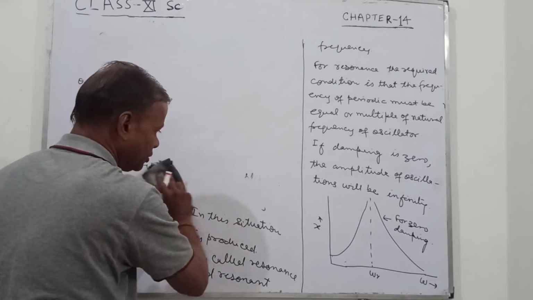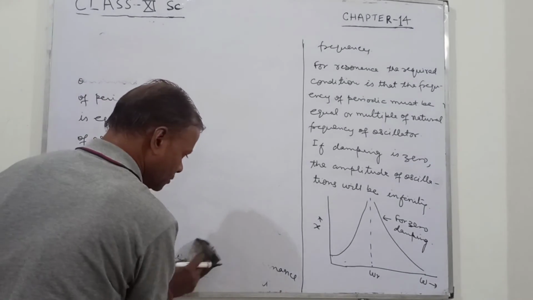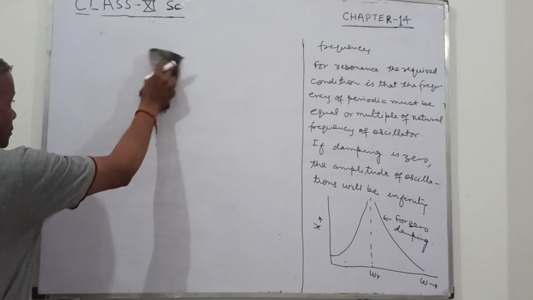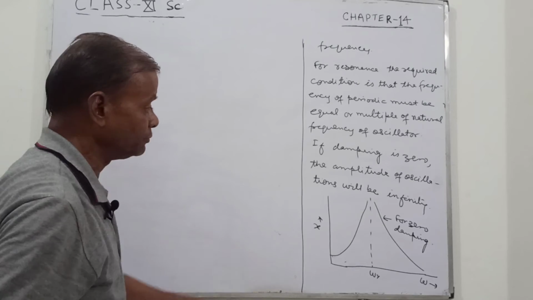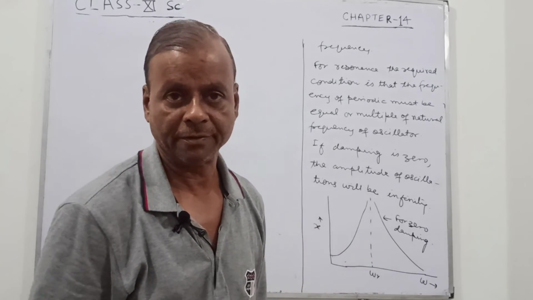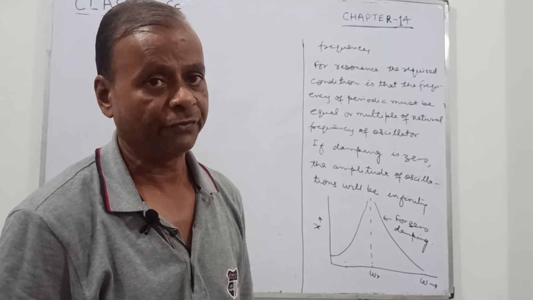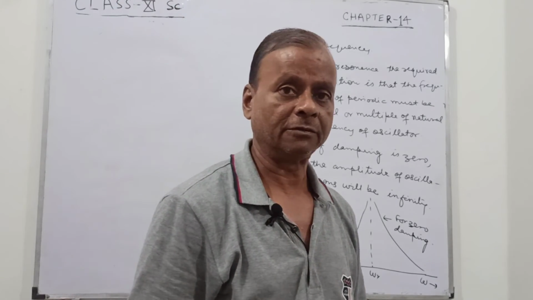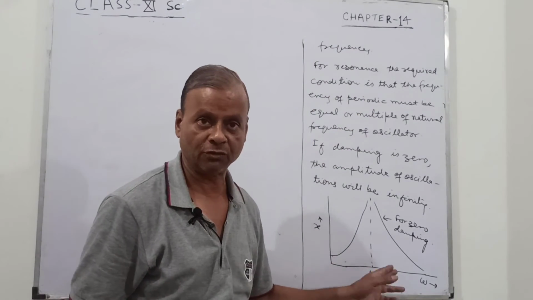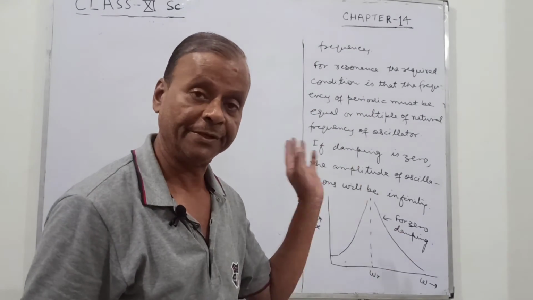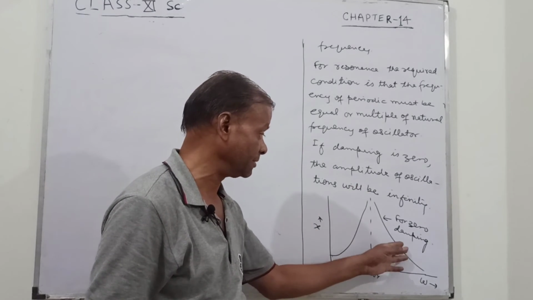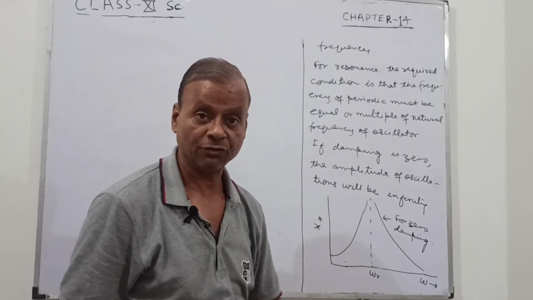In the case of forced oscillations, I showed you the graphs there: when damping is very high, damping is low, damping very very low, and when damping is zero. There I showed you four kinds of curves. One of them was the last one, when the damping is zero.